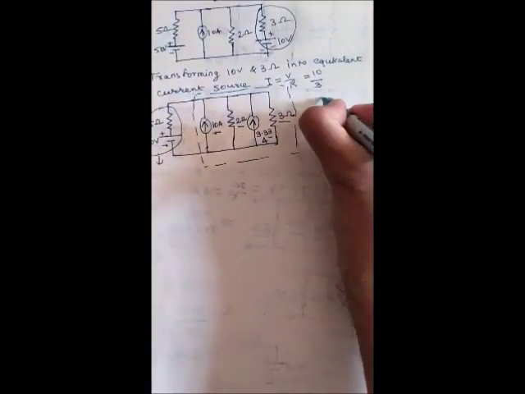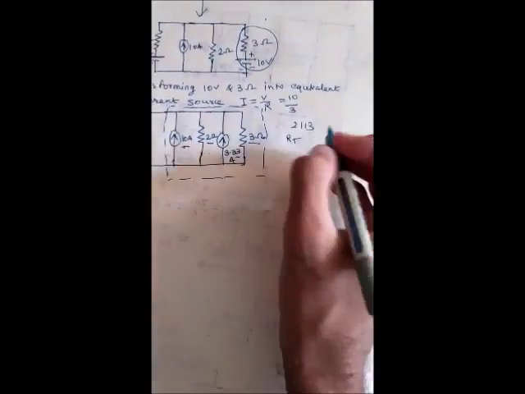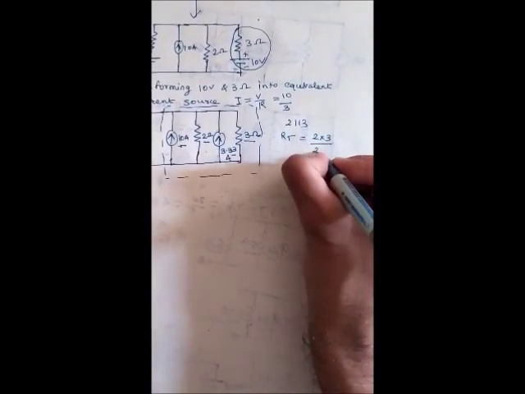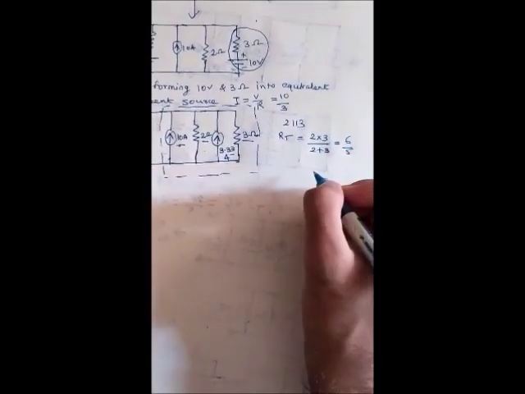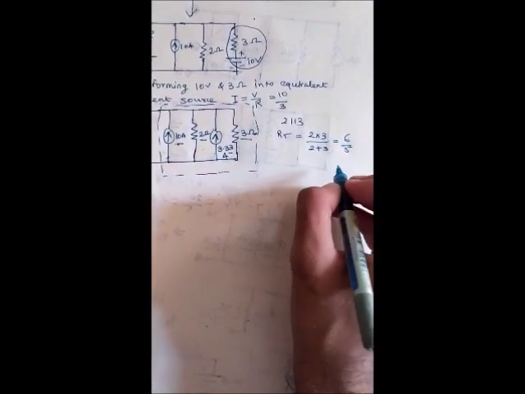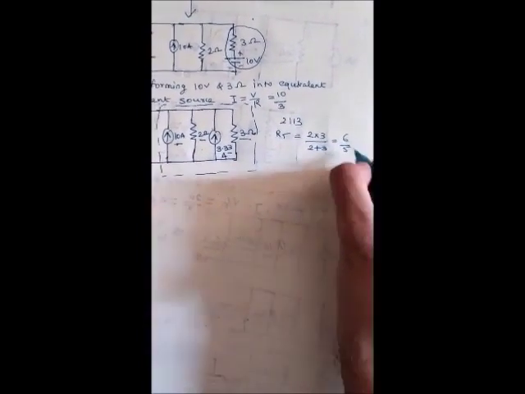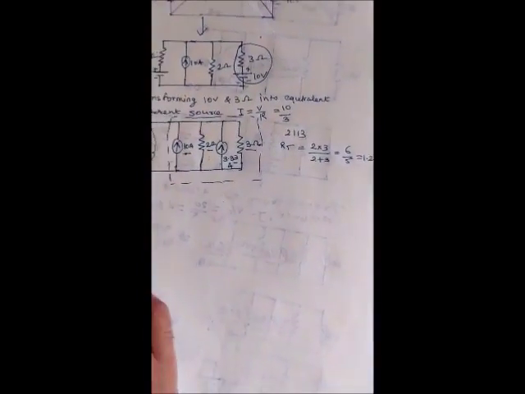First of all, solve the parallel combination of 2 parallel 3. So RT equals 2 into 3 divided by 2 plus 3, 6 by 5, so it is 1.2 ohm.